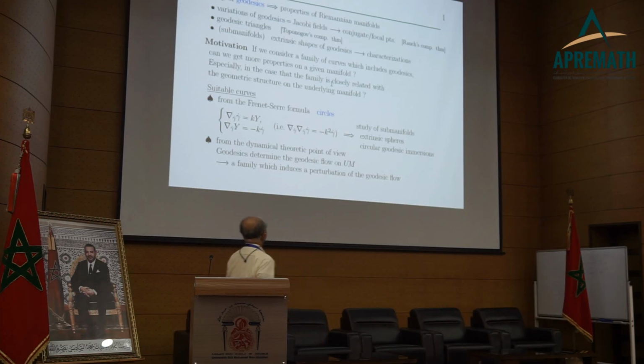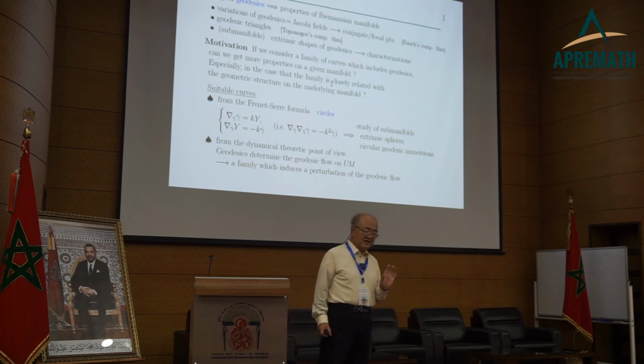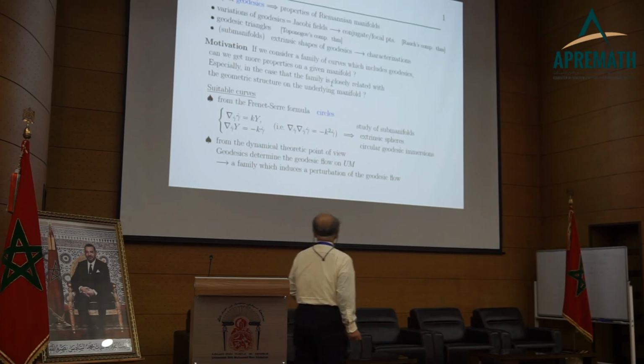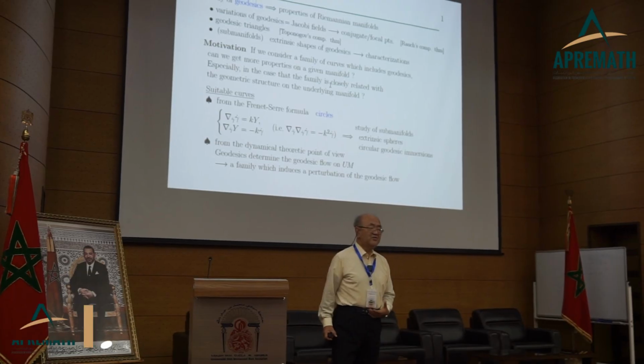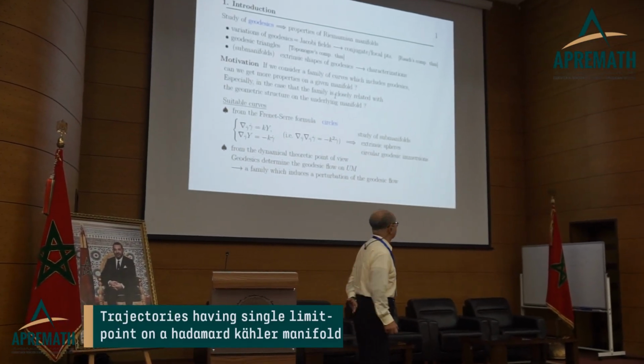For example, variation of geodesics shows conjugate points and focal points, and considering geodesic triangles, we have the famous Toponogov's comparison theorem.